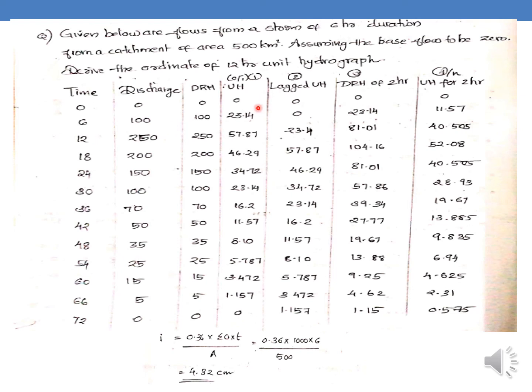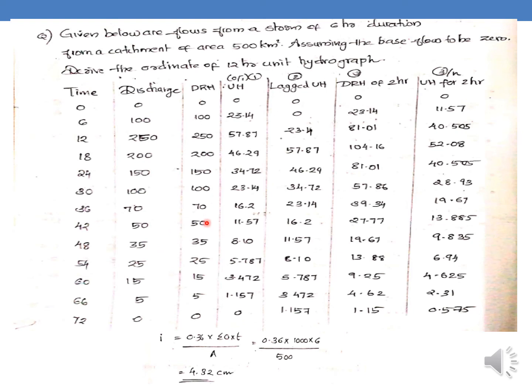So first derive the unit hydrograph. The time is given, then the discharge will be 0, 100, 250. Since base flow is 0, you can take this value as the DRH value, the same, because there is no base flow. So discharge and DRH have the same value since base flow is 0.